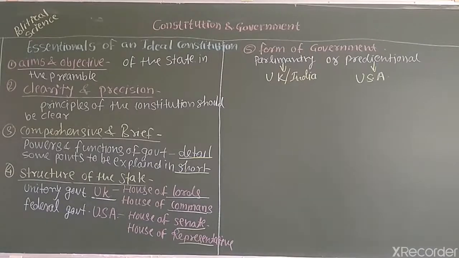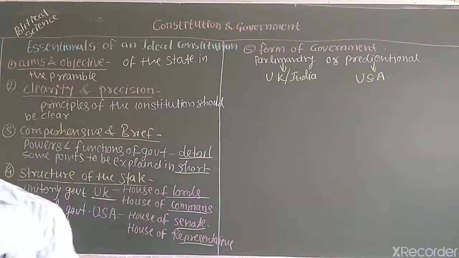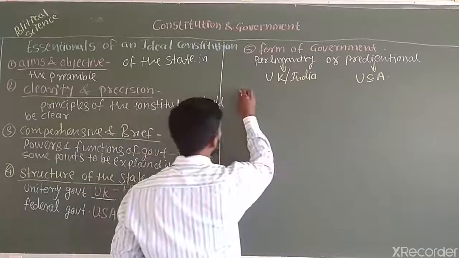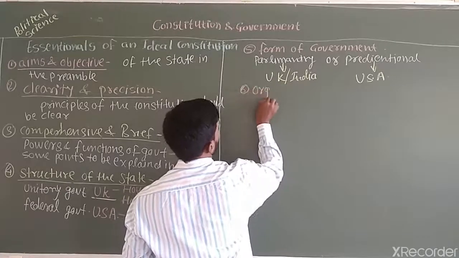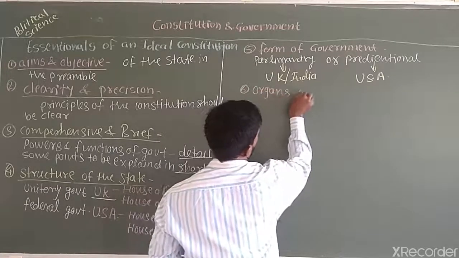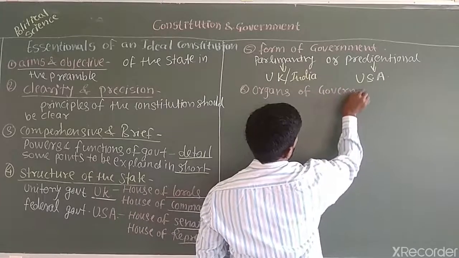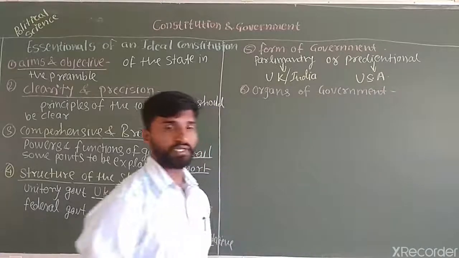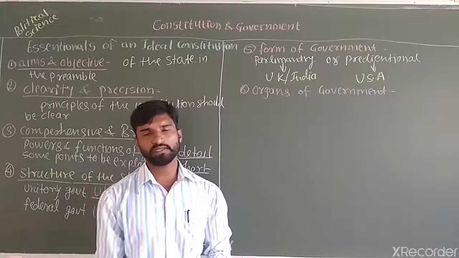Further point we can see here now. The sixth point, that is organs of government. So previously we saw about the organs of government. There are three organs of the central government as well as the state government.